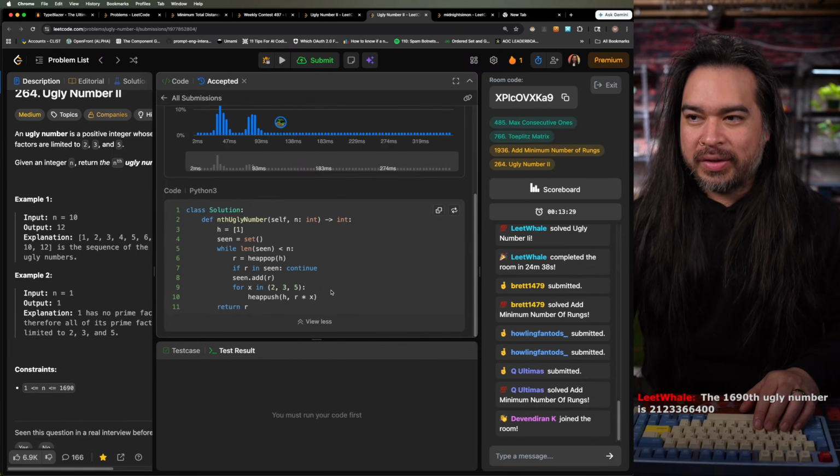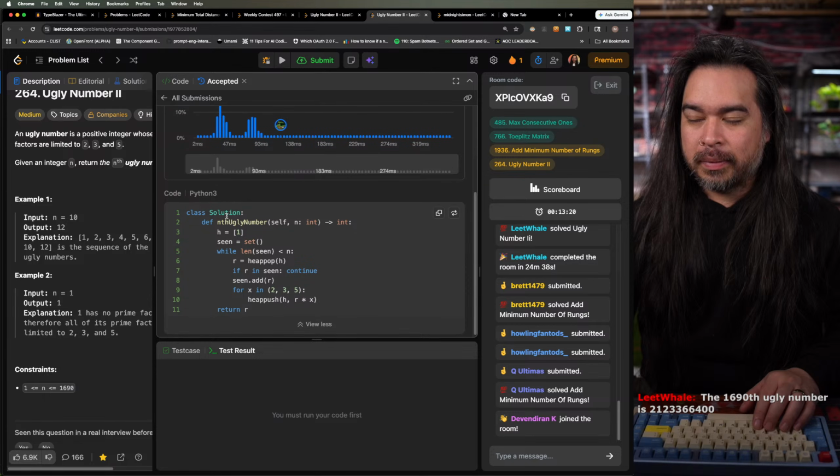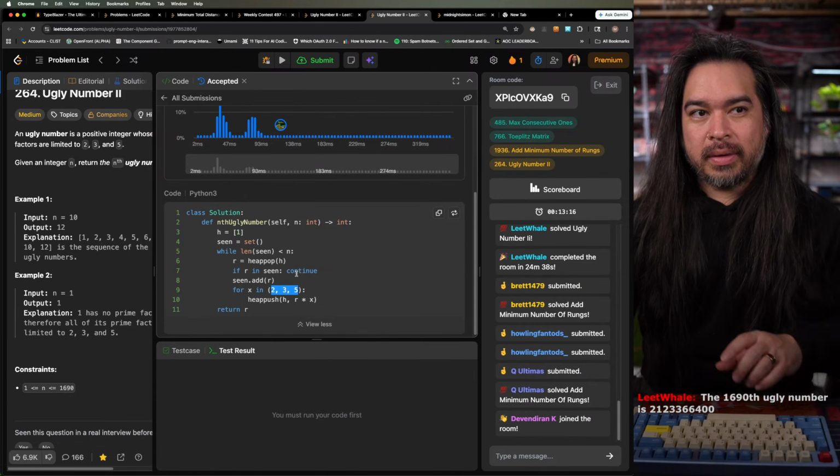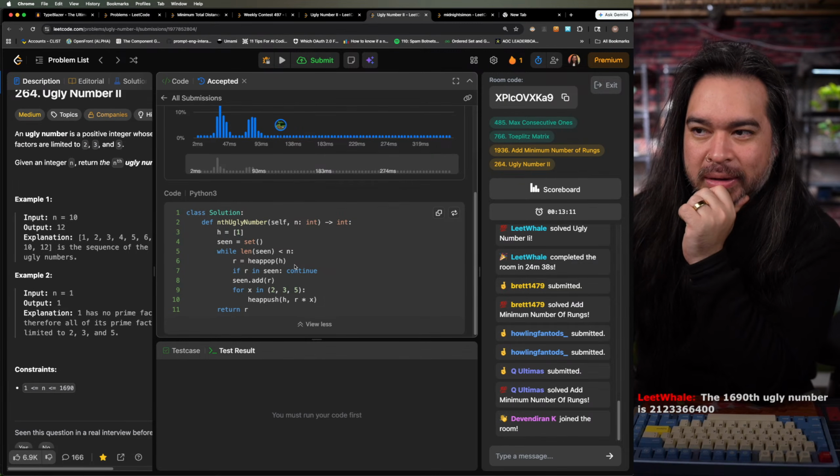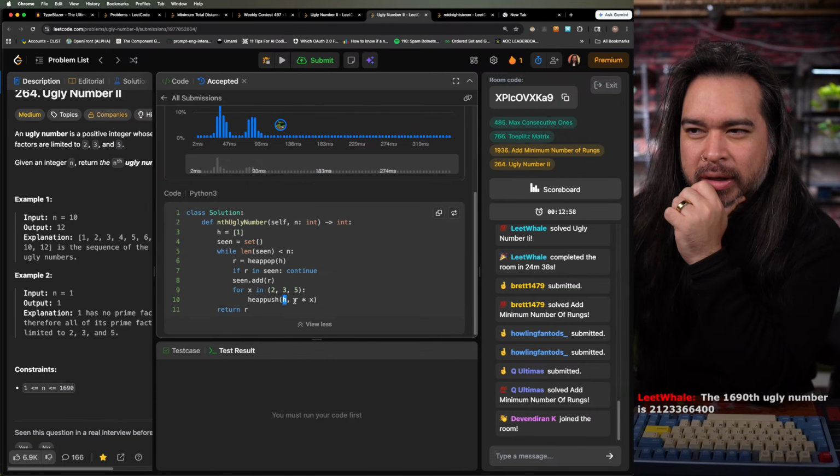LeetWhale, this works? I was thinking about this, man, but I didn't think it would work because... wait, what am I looking at here?